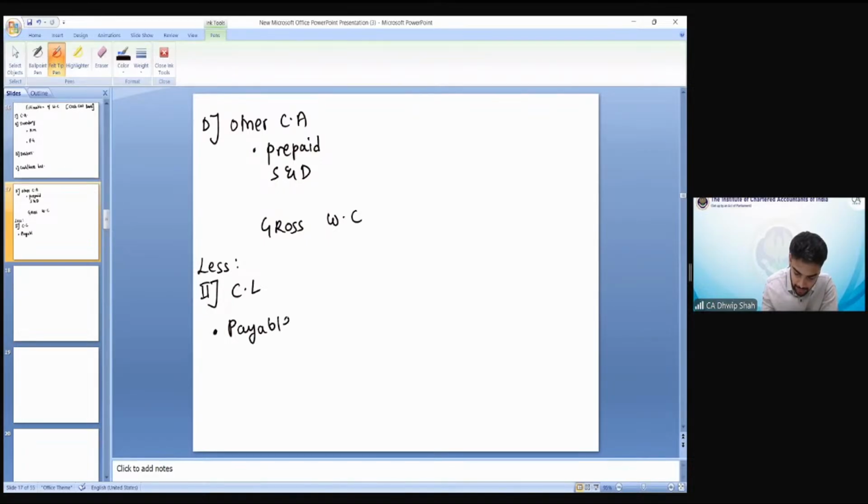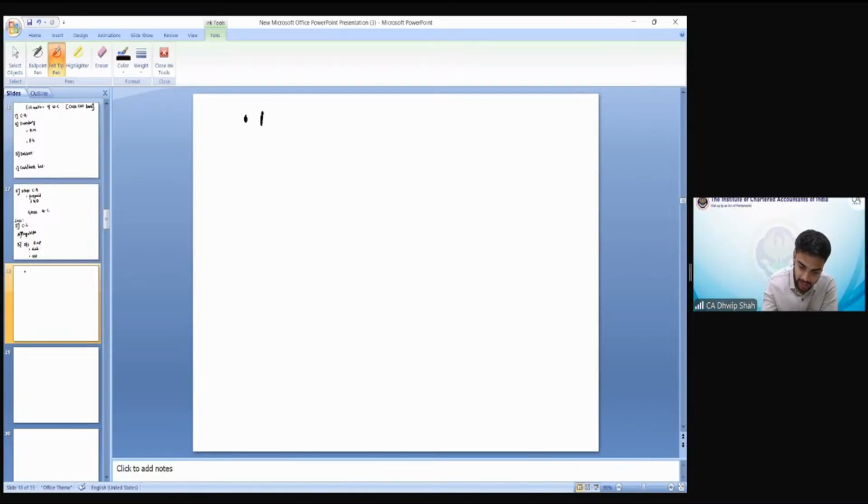First would be my payables. Second, outstanding expenses. In that I have outstanding labor, outstanding overheads, and outstanding admin as well.